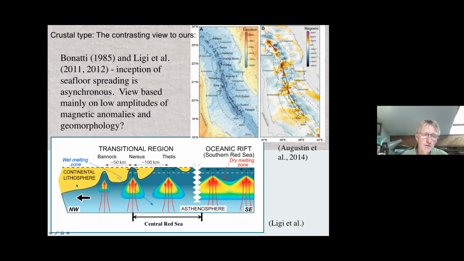And in the far north, where Jim Cochrane would say we have highly stretched continental crust. So that's, I'd say, the Italian-American view.